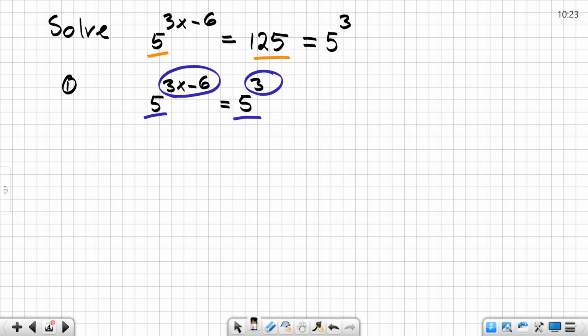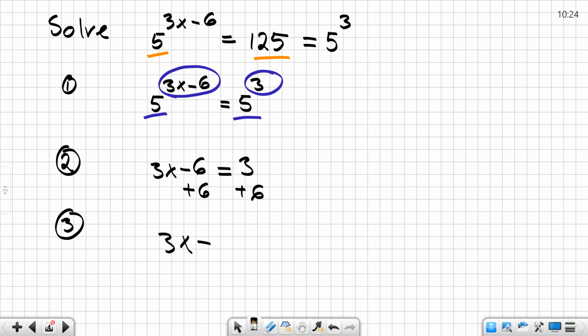What this means is that the exponents have to be equal to each other, so I'm just setting them equal. Step 3, this is now a linear equation that we can solve. Adding 6 to both sides, we are getting 3x is equal to 9. Dividing both sides by 3, x had to be equal to 3.